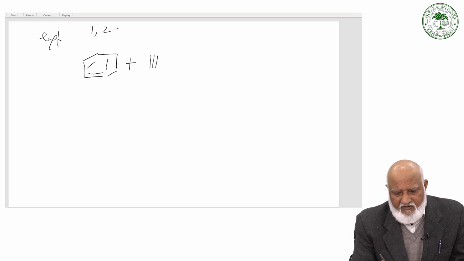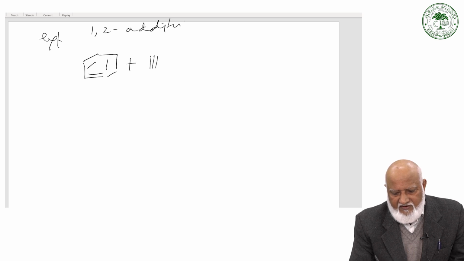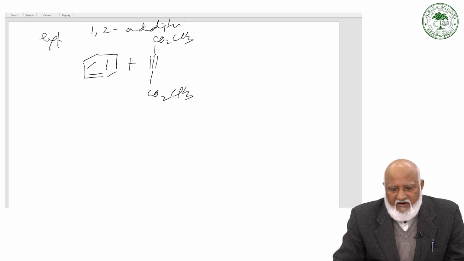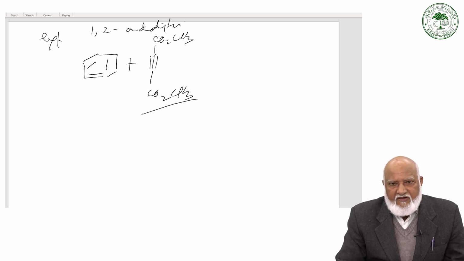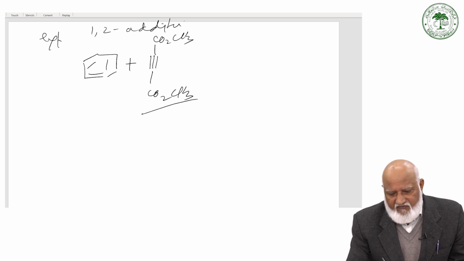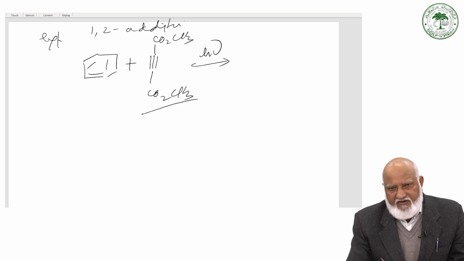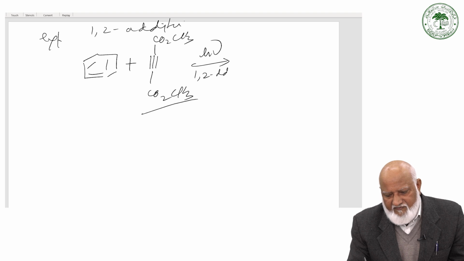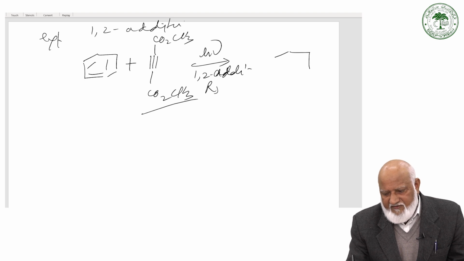An example of 1,2 addition is dimethyl acetylene dicarboxylate, a very commonly used dienophile. When benzene under photolytic condition reacts with dimethyl acetylene dicarboxylate, it also forms a 1,2 addition product, giving rise to a product like this.